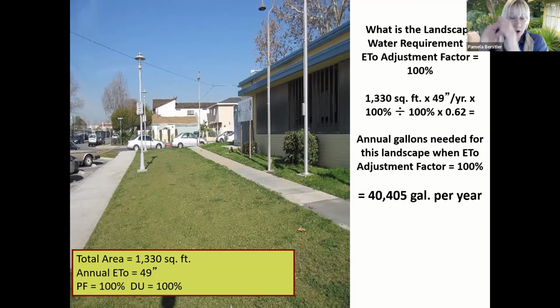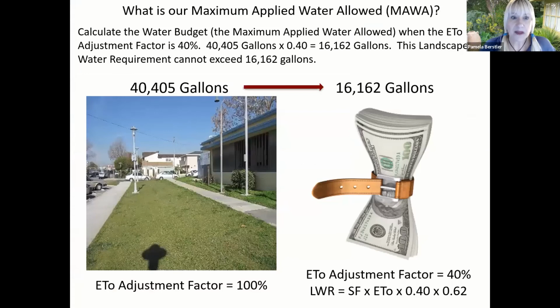So it's 1 when we put them together. But those two things together have become an adjustment factor onto ETO that allows us to quickly say, okay, this is how much water I would be allowed on this landscape if I were allowed 100% of ETO.